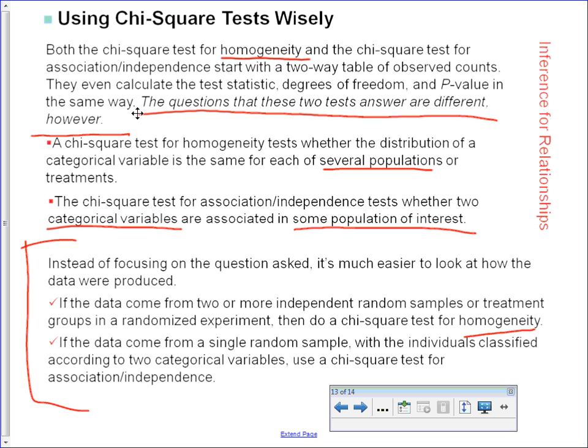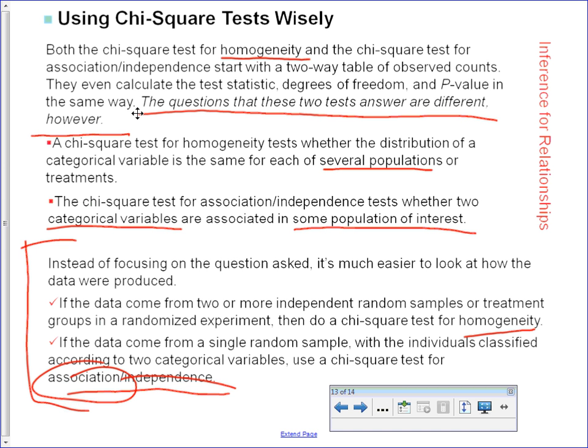On the other hand, if they take a single sample and then divide it afterwards, then that's going to be the chi-square test for association. Remember, we're ignoring independence, and so the key thing here is to look at how they collect the data.